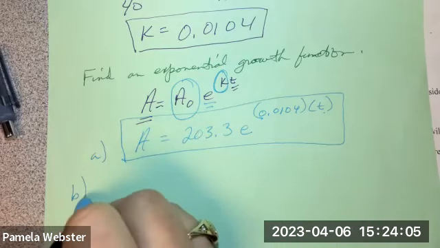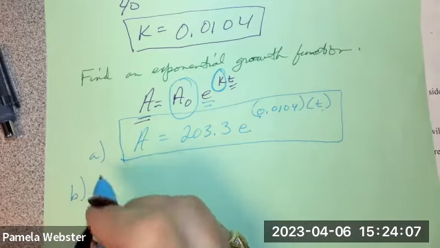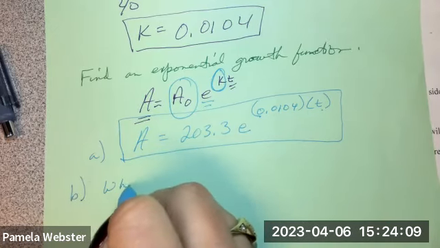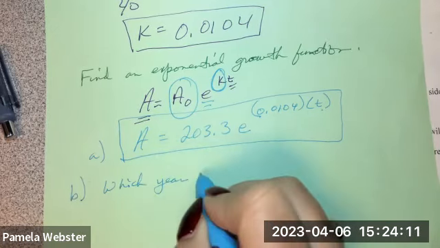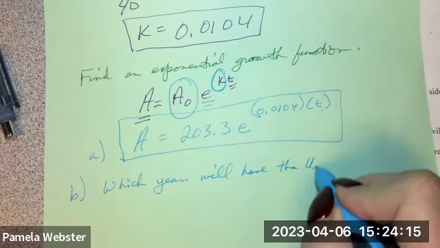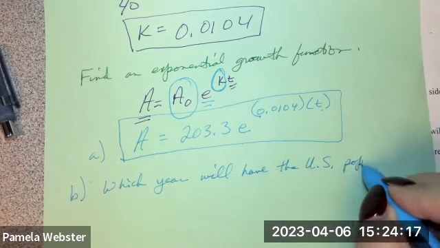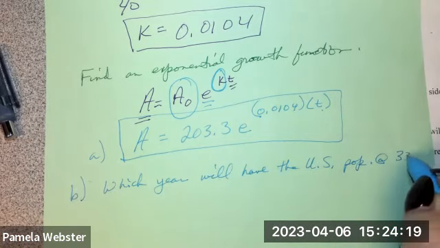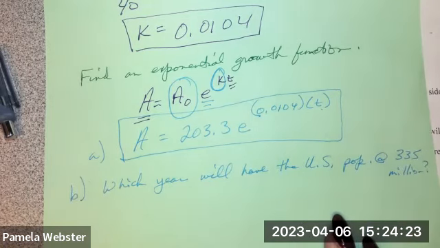Part B says, by which year will the U.S. population be at 335 million? Okay, so let's think about that, 335 million.